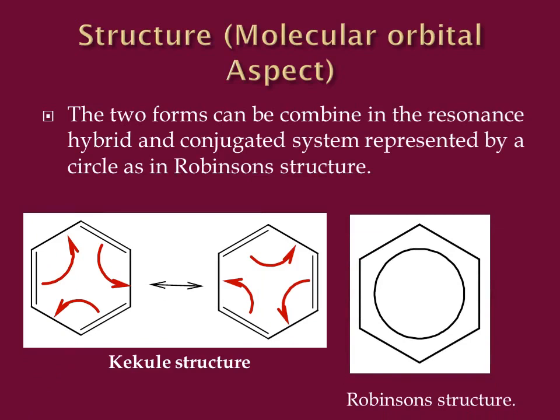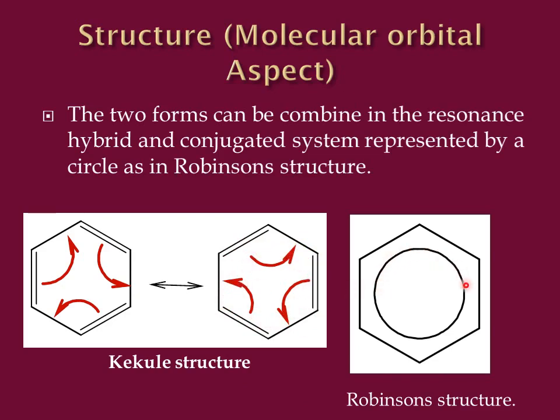This Kekulé structure can be simplified and written as a Robinson structure, in which these pi electrons, which are continuously in resonance or in conjugation, are delocalized within the ring. That is why it is represented by a circle, which is called Robinson's structure.